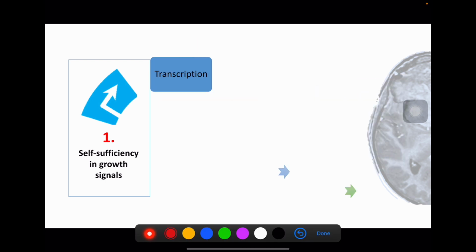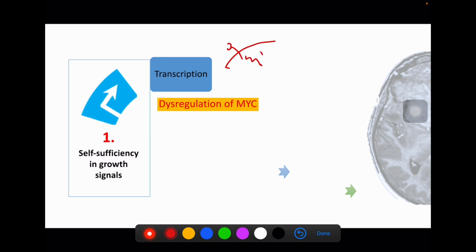Okay, in terms of transcription, okay, remember just now the receptor, right, the transmission, okay, and then now it's in the nucleus, it goes into transcription. Okay, right, transcription. So in transcription, the example that they use in the textbook is MYC.